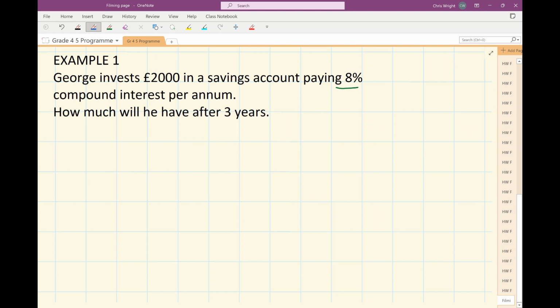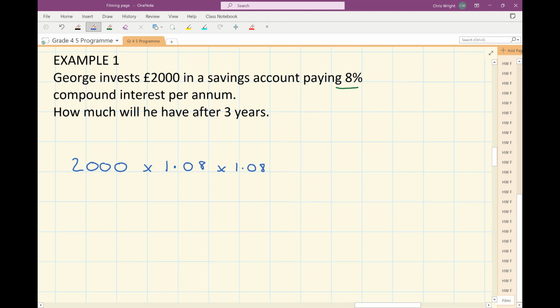You could do it like that, but there's a much more effective way of doing it. So in the first year, we're going to take the £2,000 and we're going to increase it by 8%. So we're going to multiply by 1 point the increase. That's how we increase by a percentage. Multiply it by 1.08. That's the amount of money that George will have at the end of the first year. Now we'll take that amount and increase it by 8% again for the second year.